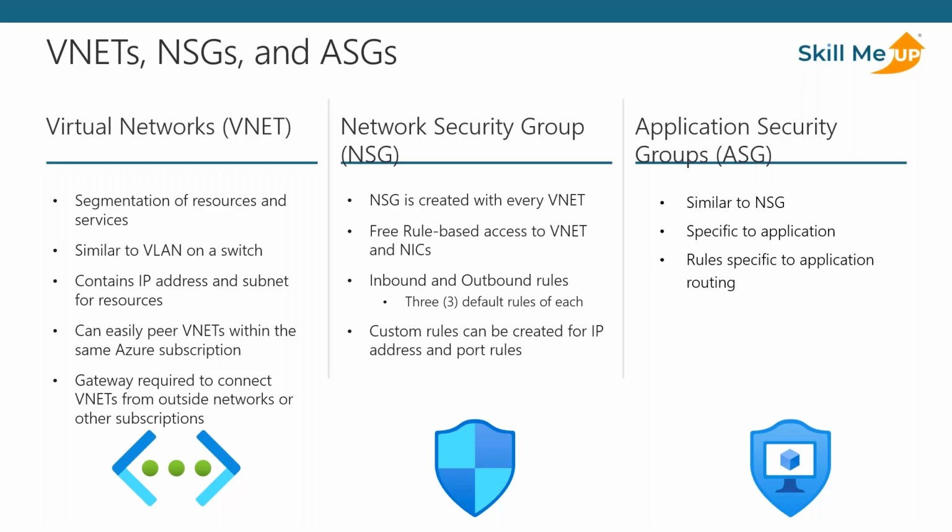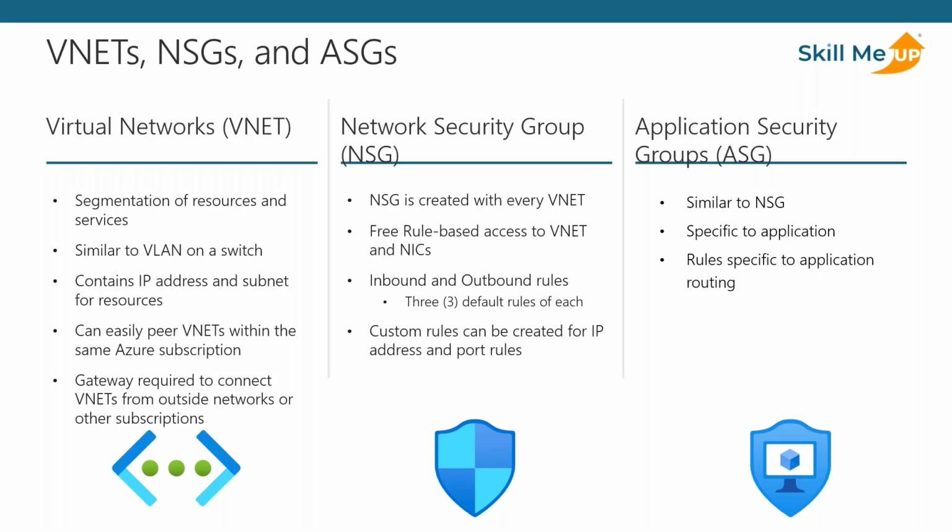Each VNet has its own network address, IP address schema, and subnet. And within the Azure environment, it's very easy to peer VNets to each other for inter-VNet communication, and the ability for resources to do that.